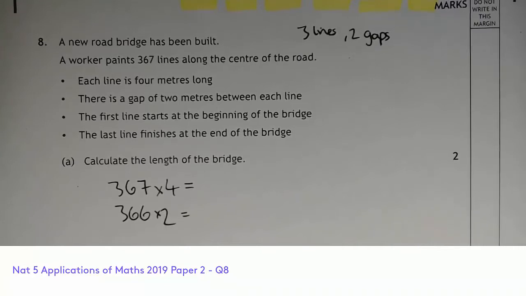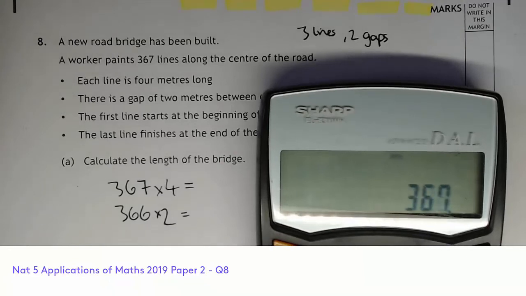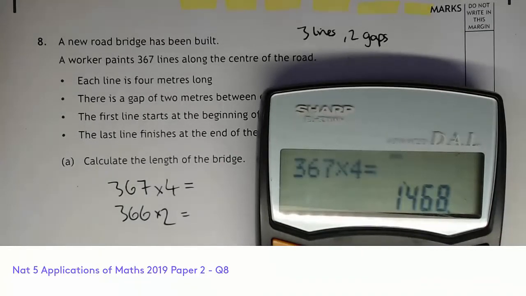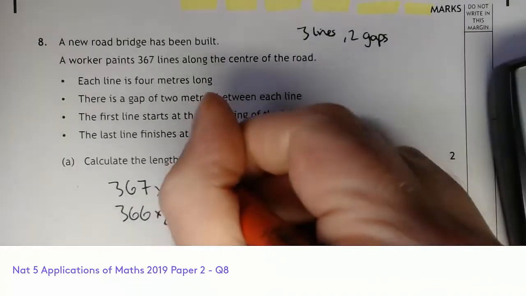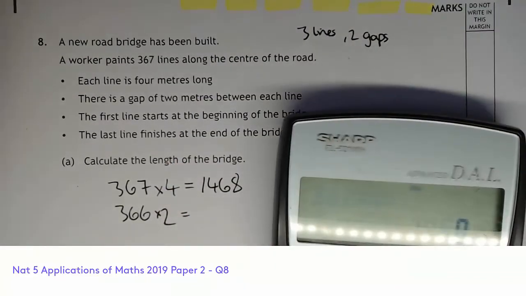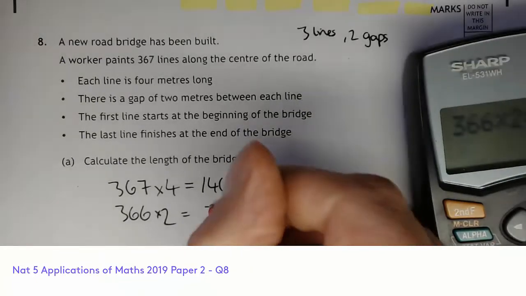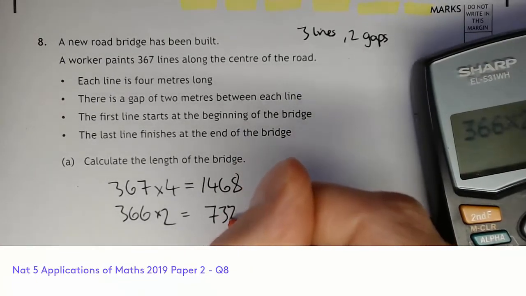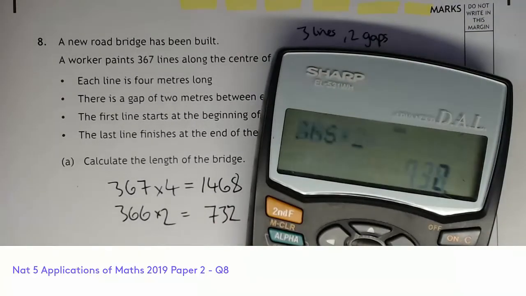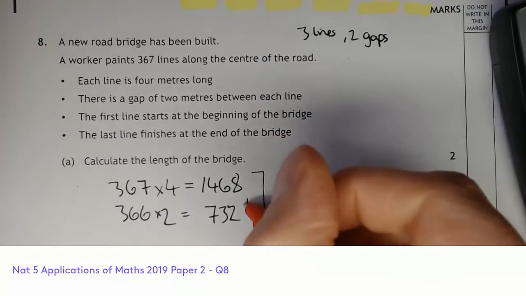So that's 1468, and then 366 times 2 is 732, and we'll add that previous number together.